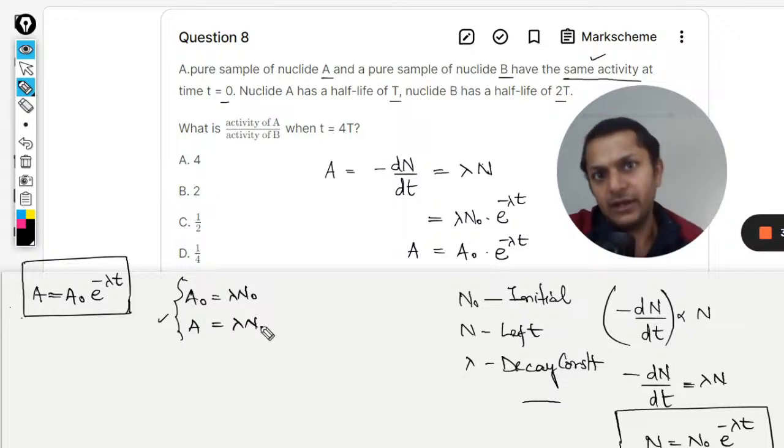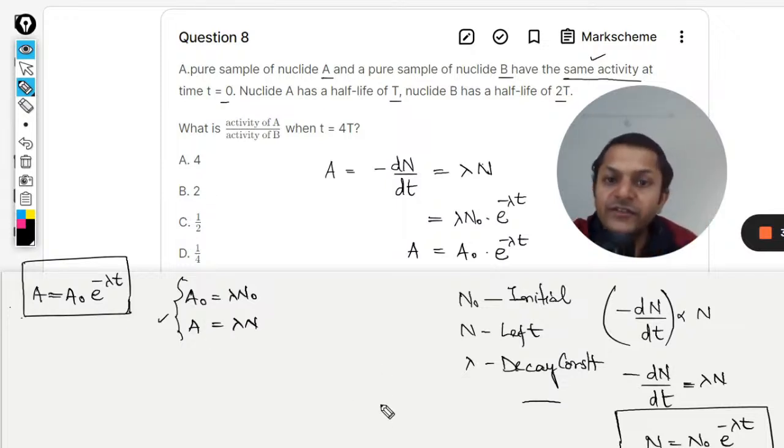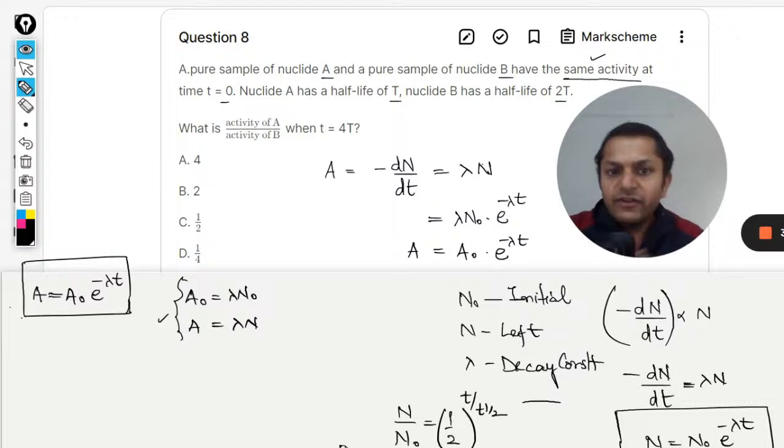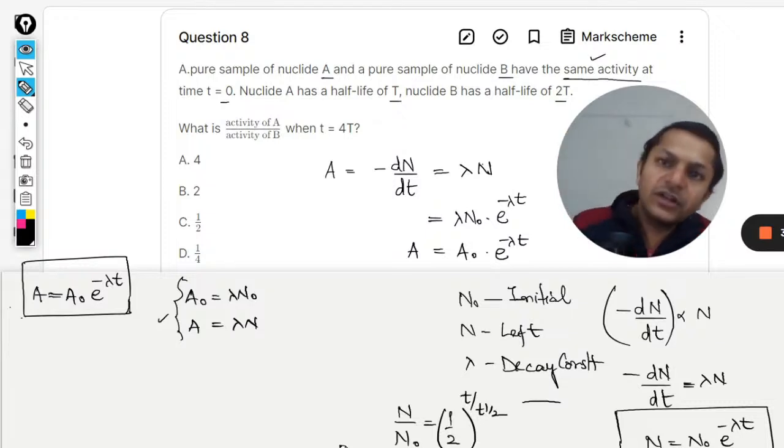There is another formula. Be very careful, even this formula is not given anywhere. N divided by N naught is equal to half raised to power t divided by t half. I have given you this formula in some of the other videos earlier.